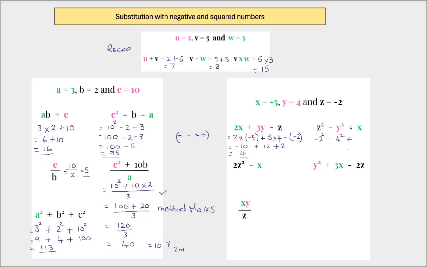So 2 times 2 squared is 4. Minus and a minus is a plus. +5. So now we've got 2 times 4 is 8. Plus 5 equals 13.